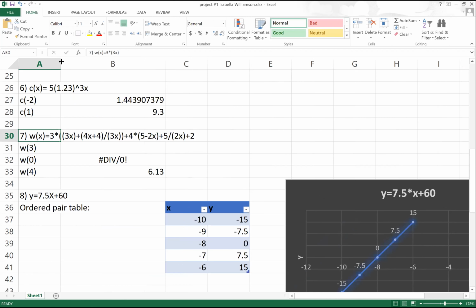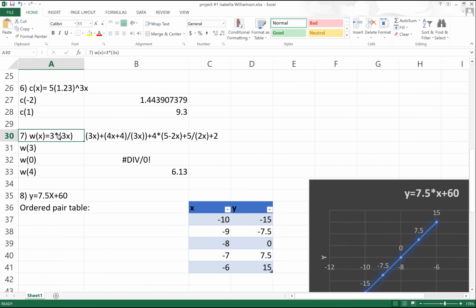Yeah, I think so. This input is slightly off. So here's the formula. I need to open the sheet. Let me open project number 1.